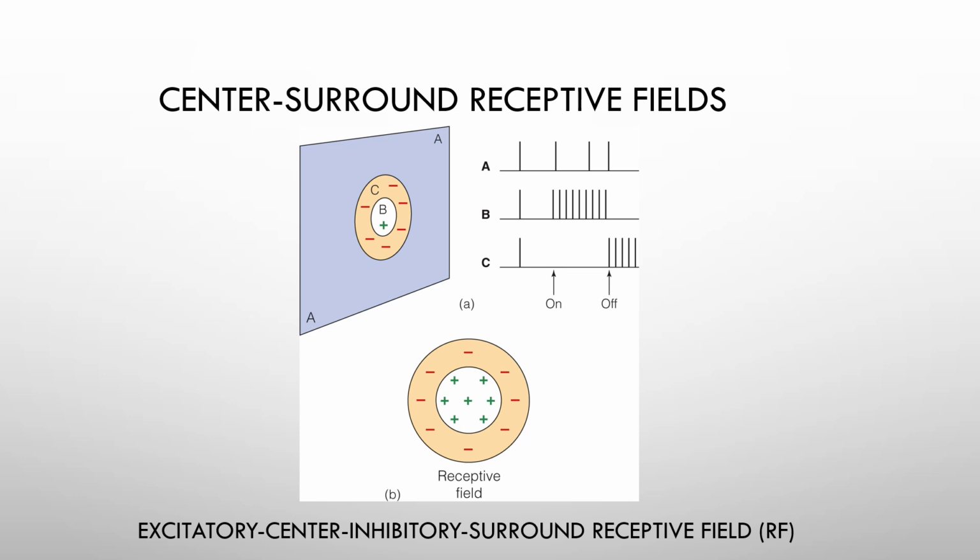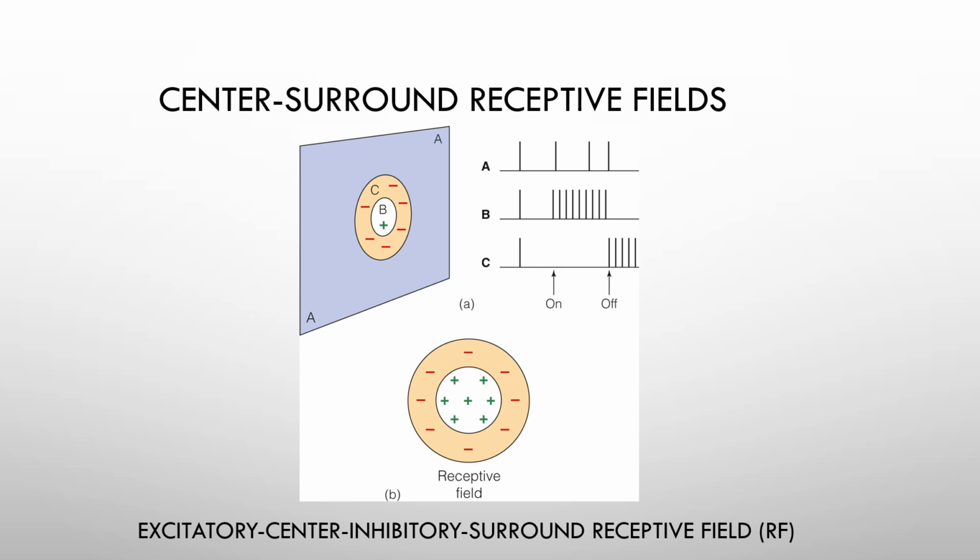So we're going to mark that as a positive or excitatory region influencing that neuron. And if they shined a light somewhere and it hit in that outer concentric circle of C, outside of B but inside of C, we see the spontaneous firing at C in that bottom graph. Turn the light on, and the neuron goes quiet.